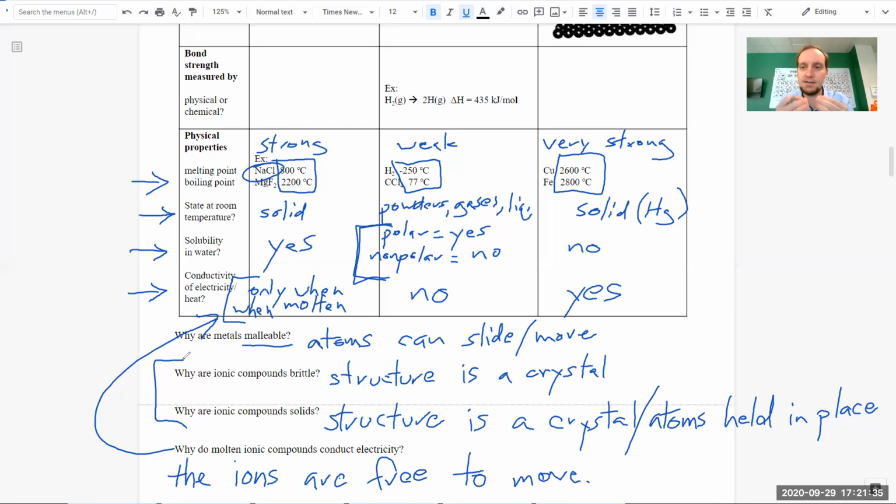They cannot conduct electricity because nothing can move. Electricity, remember, is the movement of electrons from atom to atom. In an ionic, they're fixed in place. There is no movement whatsoever. But if I put that ionic compound into water and it dissolves, all of a sudden now they come apart and they're free to move. They've dissociated. They've separated. Now the electrons can start to move and they conduct really well.